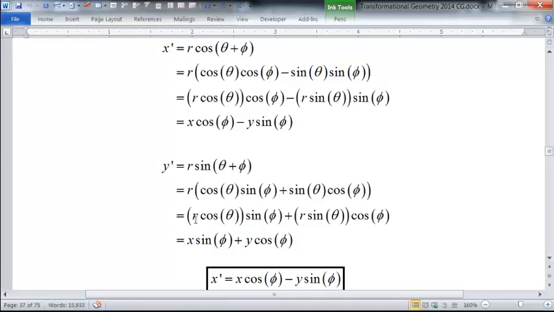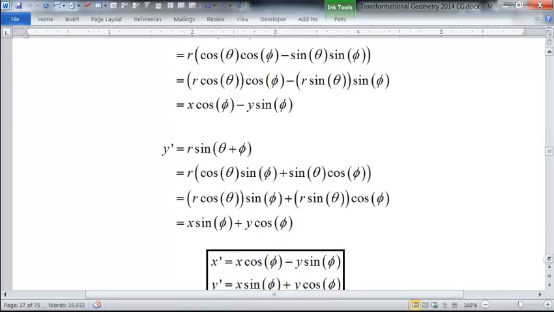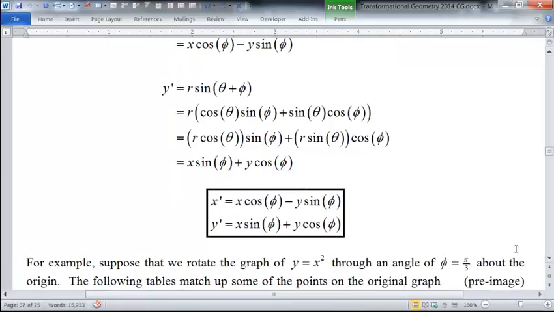Distribute the r: r cosine theta sine phi plus r sine theta cosine phi, and again, notice that we get an old x and an old y out of this. So here is the basic setup. If I know my old coordinates x and y of a point, and I want to find my new coordinate x prime y prime, then I can just plug in these formulas here. So this is what you actually do to the points in the table.